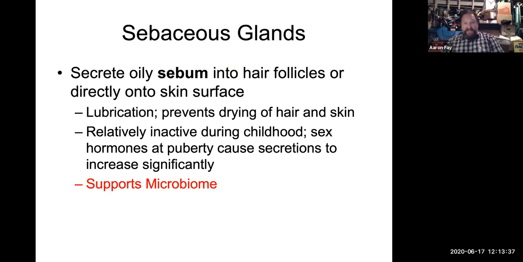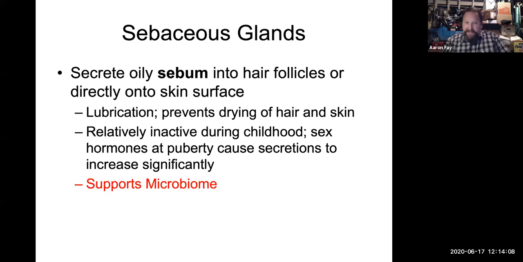Now, sebaceous glands, our second type of exocrine gland, these produce an oily substance called sebum. So the sebaceous glands are associated with the hair follicle, and they dump the sebum into the hair follicle, and this serves to lubricate the pilum of the hair inside the follicle, and the oil will extend up to the surface of the skin, out the hair follicle, and help protect, moisturize the skin.